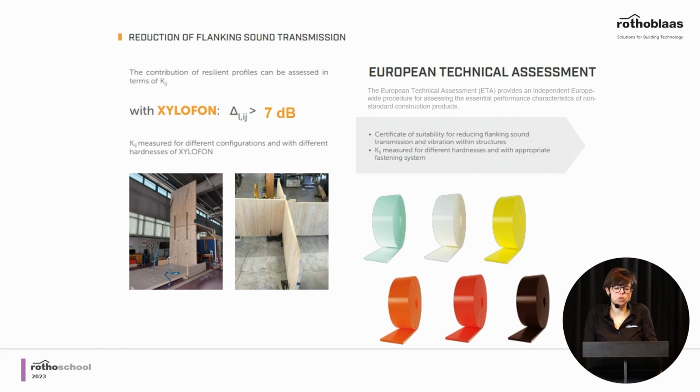We have done also a European Technical Assessment, so an ETA, on this product in order to have a certificate and values that are recognized by a third party and an external laboratory.